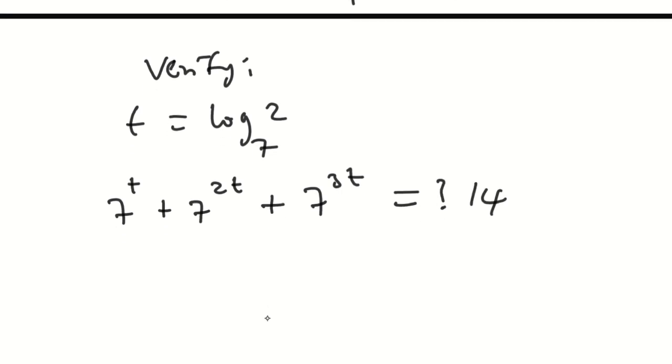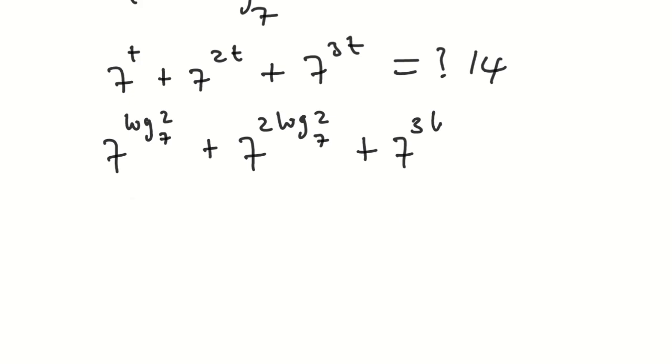Now remember, t is equal to log 2 base 7. So I'm going to plug it in here: 7 raised to the power of log 2 base 7, plus 7 raised to the power of 2 log 2 base 7, plus 7 raised to the power of 3 log 2 base 7. I want to see if this will give us 14.